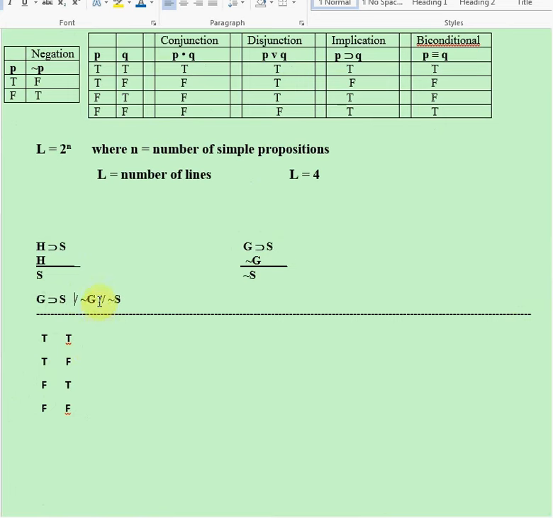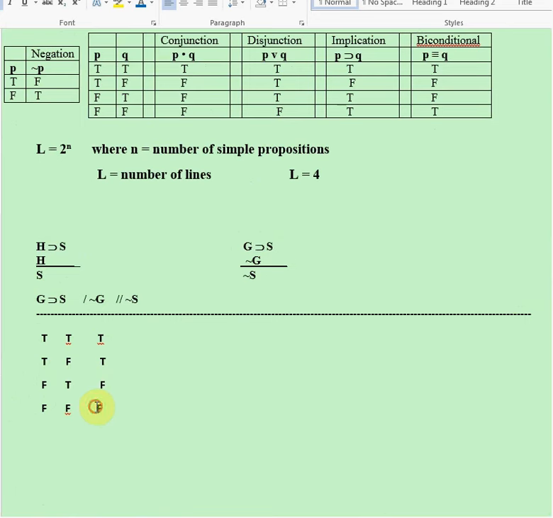Let me make a little bit of space here in between these. Okay, so it's the same thing. I just made some space here. So if we copy and paste the truth values for the G, we would have T, right? I'm just copying and pasting the truth values, and then F, right?